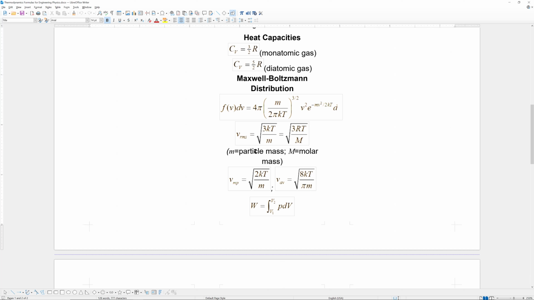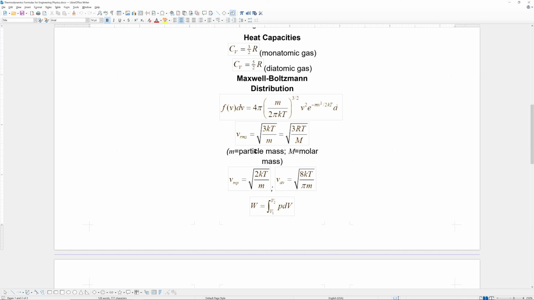Now, the hard part here is calculating m because it's a nitrogen molecule. So what do we do about that? Well, here's the thing. For any atom or molecule, virtually all of the mass comes about because of the protons and neutrons. And a nitrogen molecule has 14 protons and 14 neutrons.